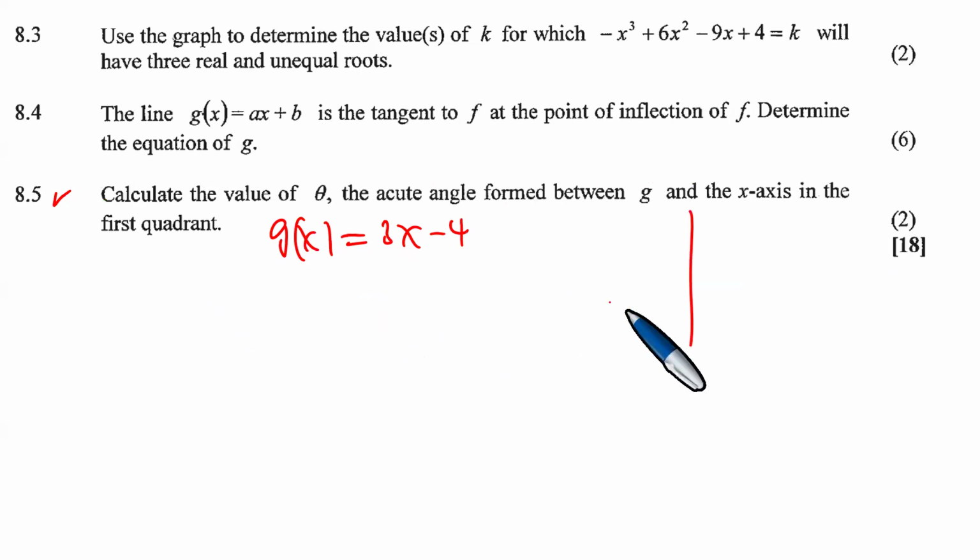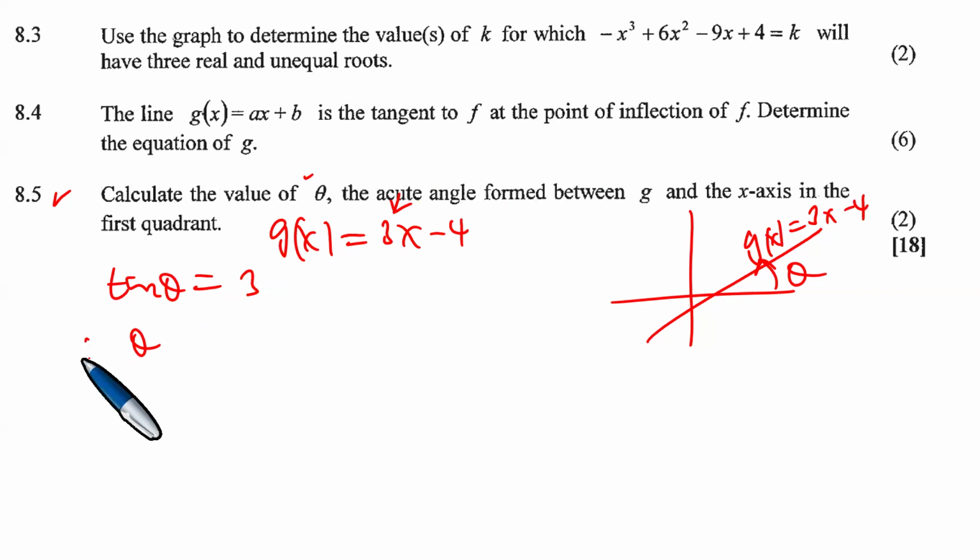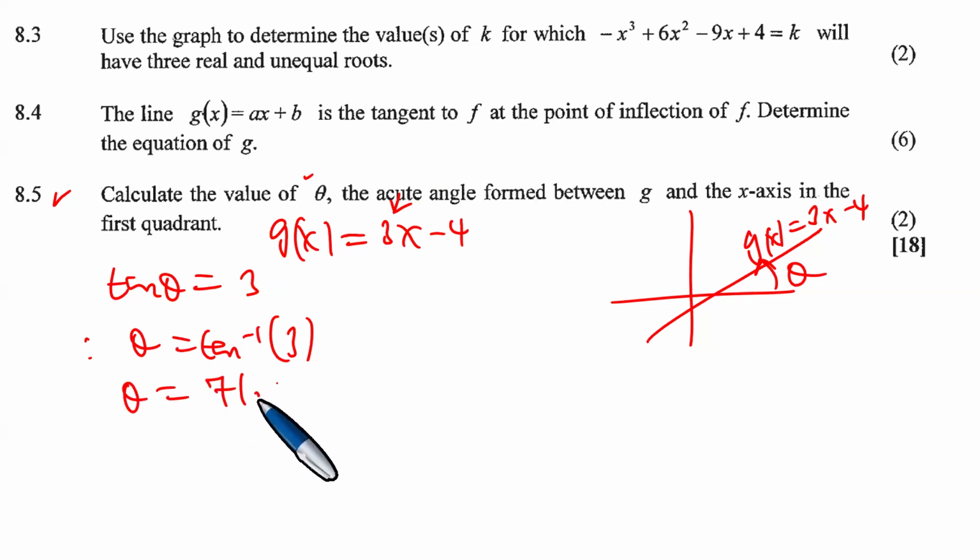If there's a line like this with a positive slope, which is g of x, 3x minus 4, the angle theta formed between g and the x-axis in the first quadrant would mean that the tangent of theta is the same as the gradient, which is 3. And therefore theta is arctan 3, which is 71.57 degrees.